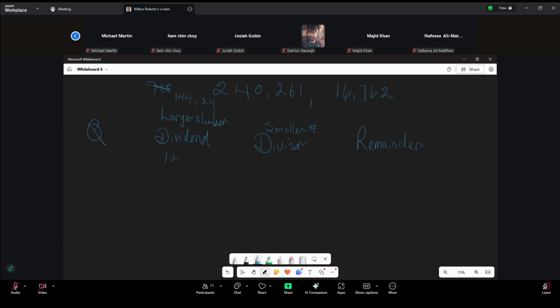So the larger number will come here, 144, and 24 will come here. Oh no, this wouldn't work, because 24 goes into 144 evenly.